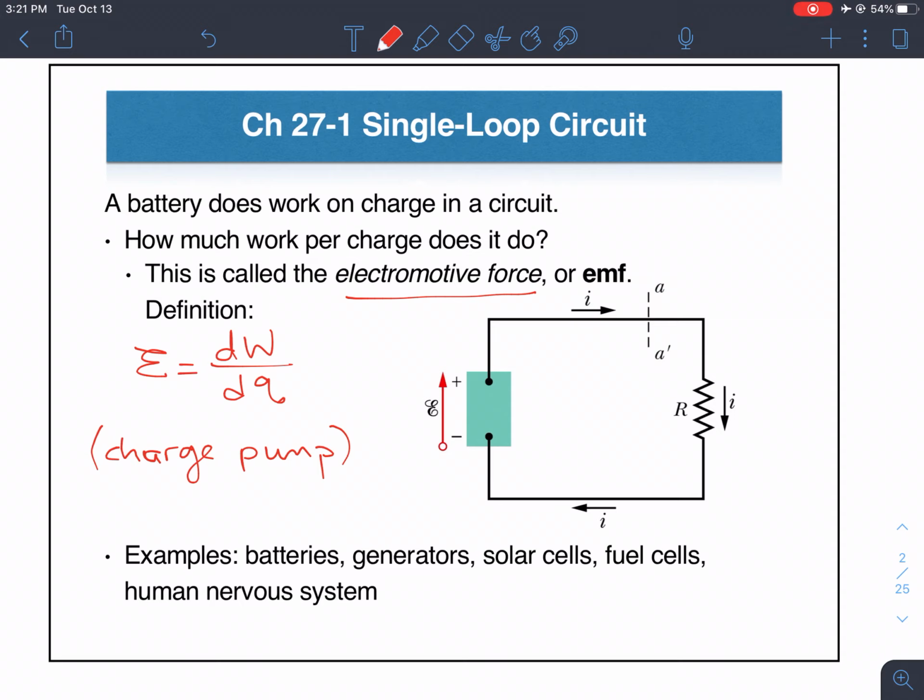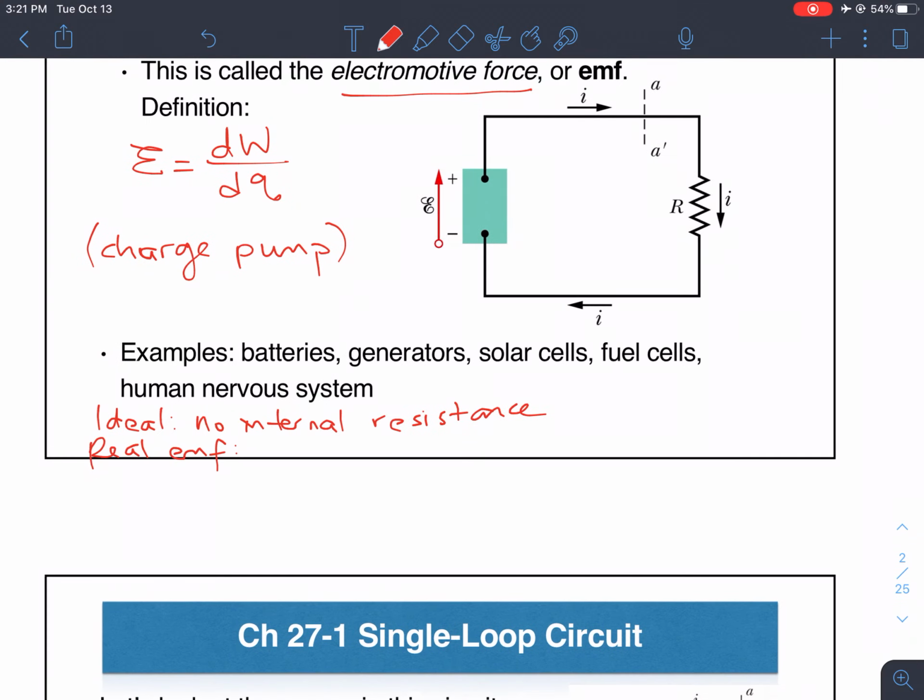And if it is ideal, it means that it has no internal resistance. And the real EMF has internal resistance.